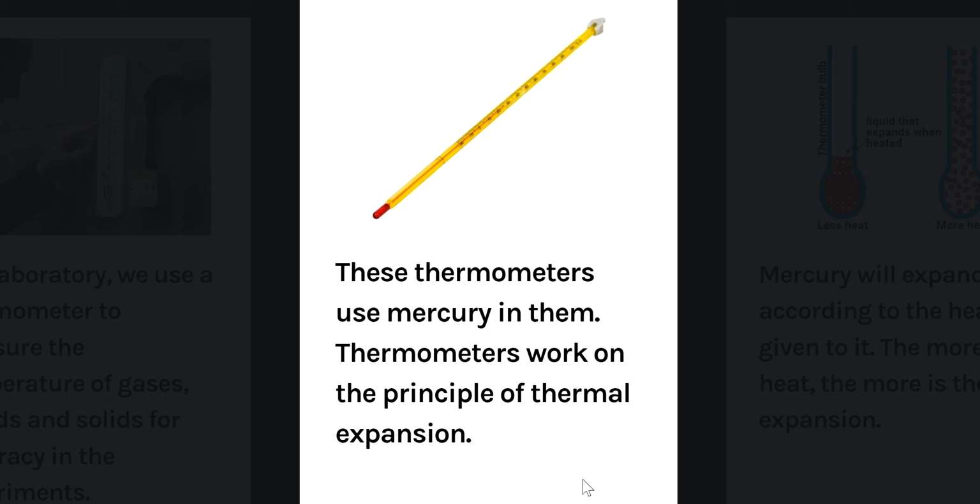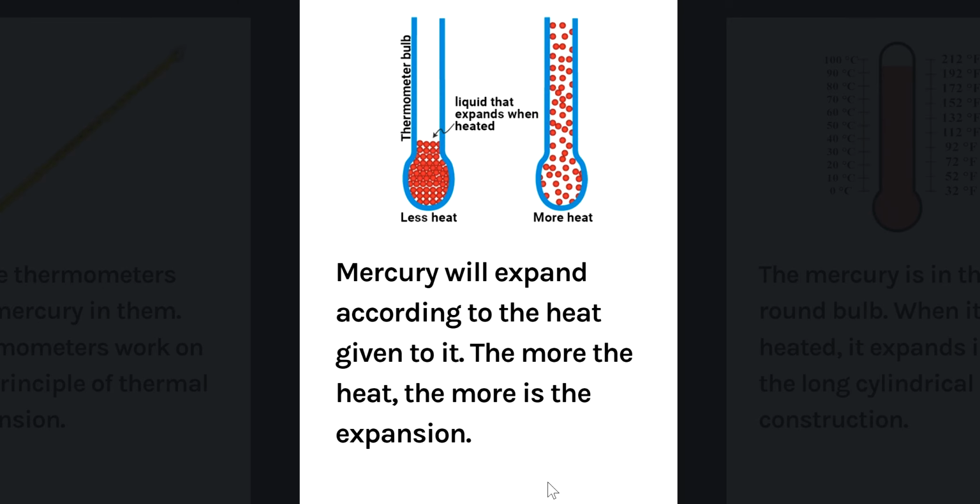Thermometers work on the principle of thermal expansion. It means when this bulb absorbs heat, the level of the mercury will rise. How? This is representing a portion of the thermometer.